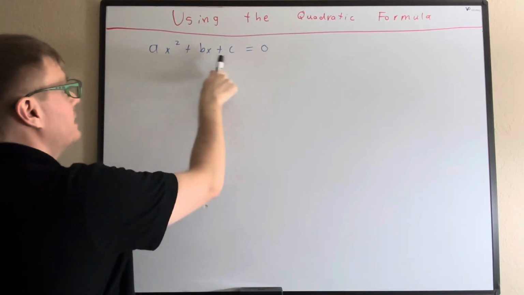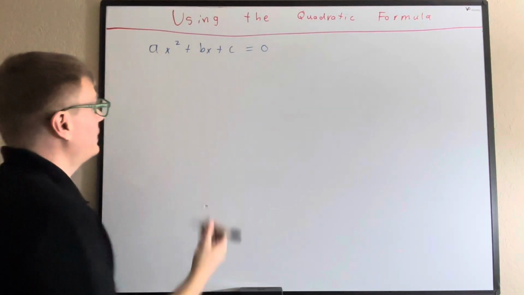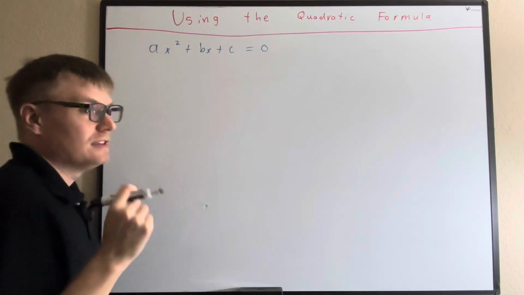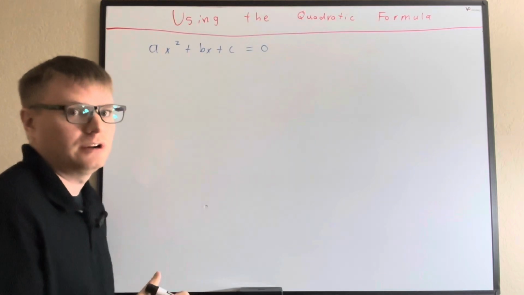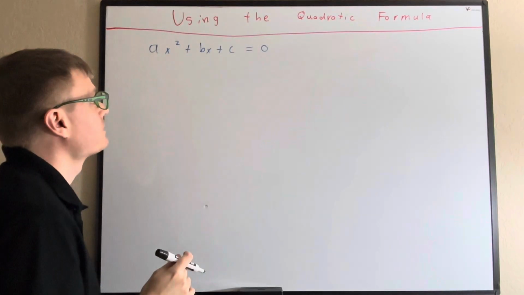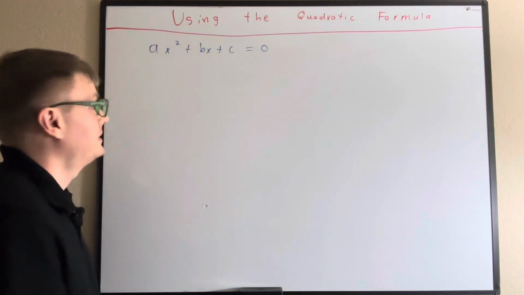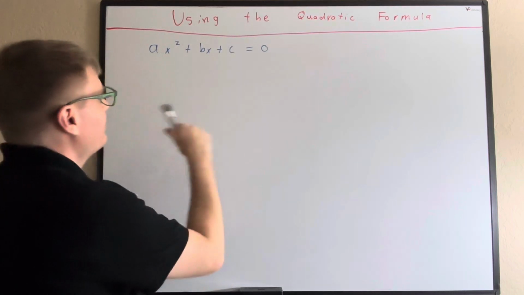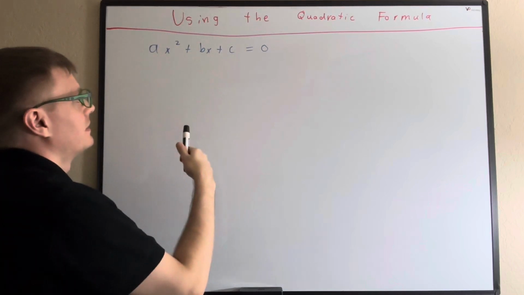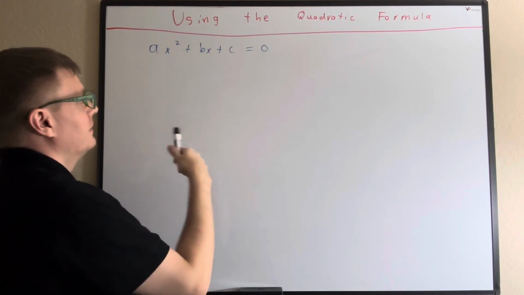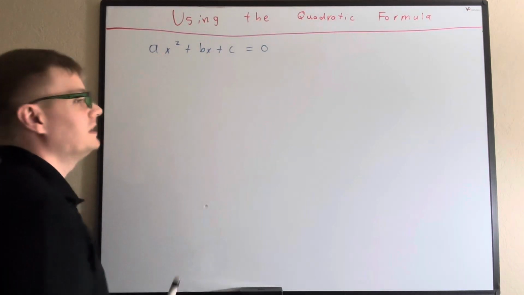So this is the standard form of a quadratic equation, right? You know that very well. And I assume that you have seen my video on completing the square. Now, at some point, some very smart mathematician came along and said, what if I just take this equation, the standard form, and complete the square?